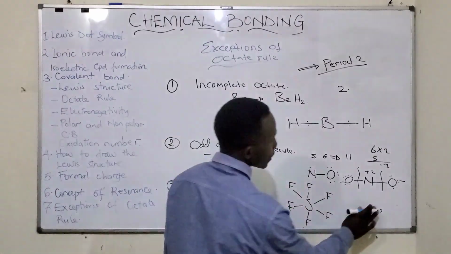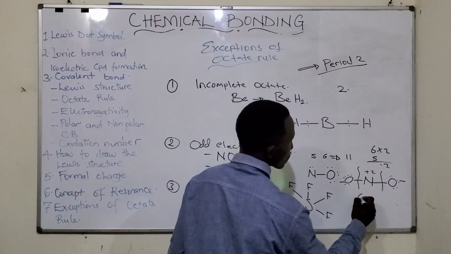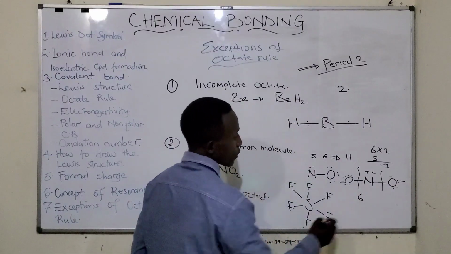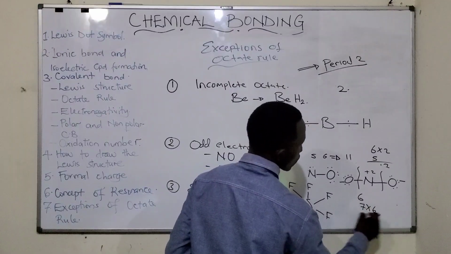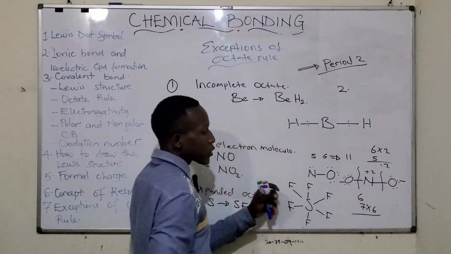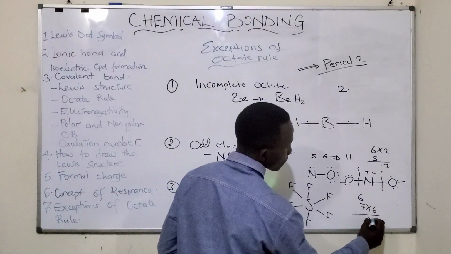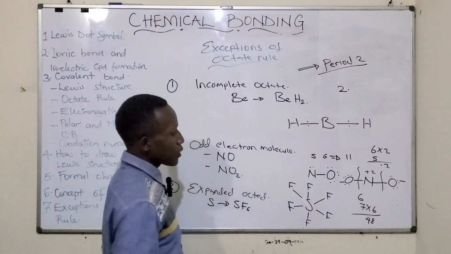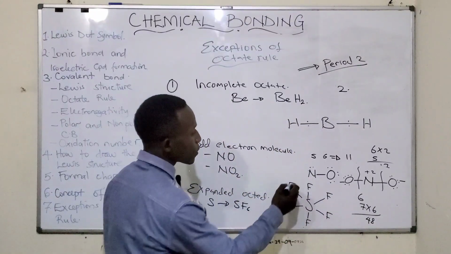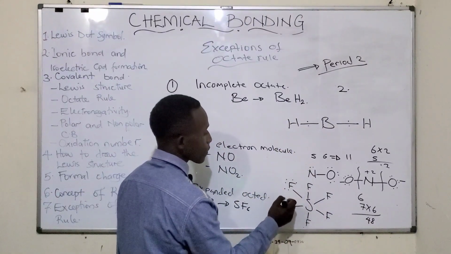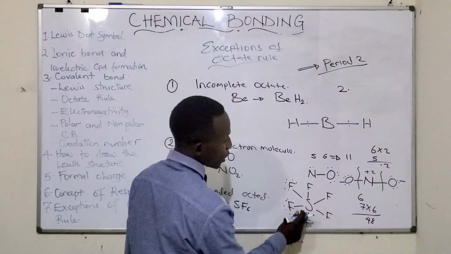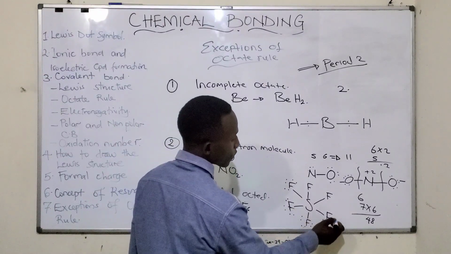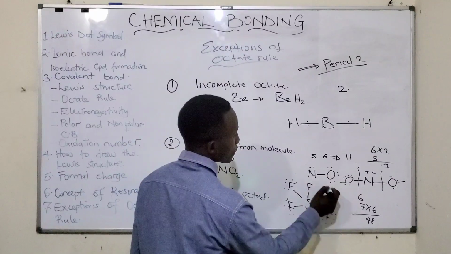Remember, sulfur has 6 valence electrons. Fluorine has 7, and there are 6 of them. 7 times 6. So the total number of electrons is 48. Now, after drawing the bonds, you complete the octet of the surrounding atoms. So we are adding 6 since we already have 2 here, to complete the octets.